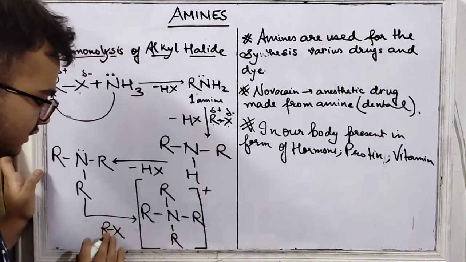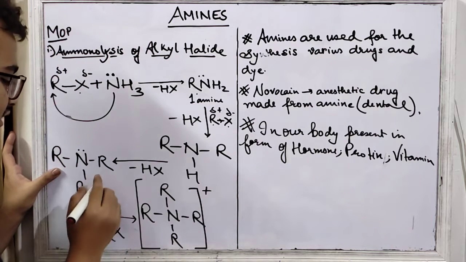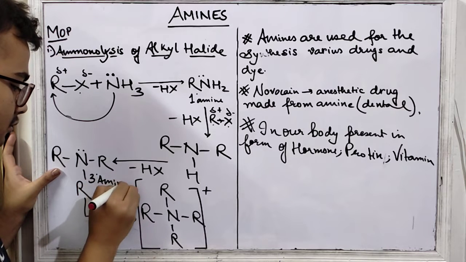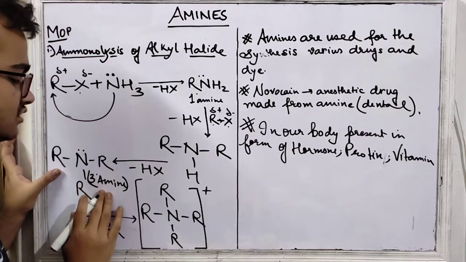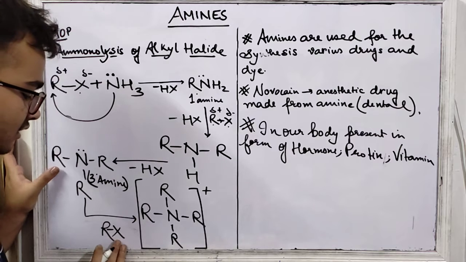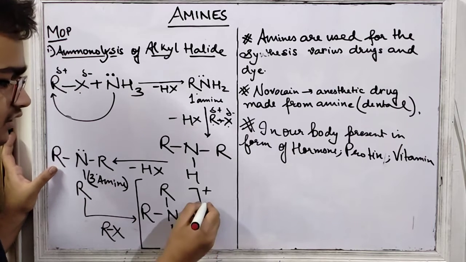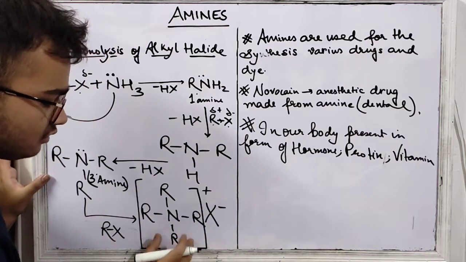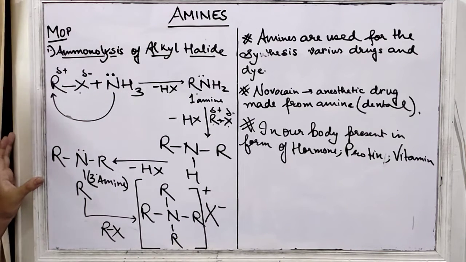And since there is no hydrogen in the 3 degree amine, the halogen will get bonded with this and form a salt-like structure. This is called the quaternary ammonium salt.